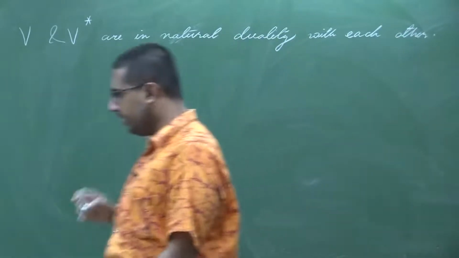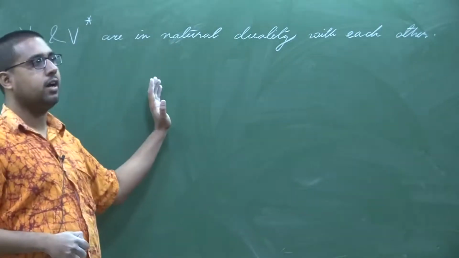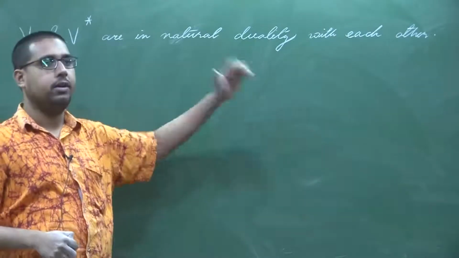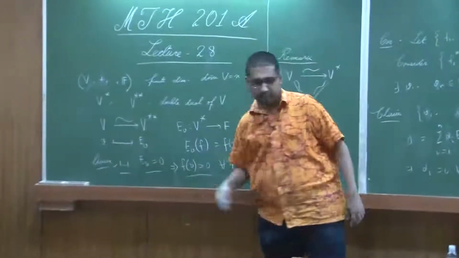From V you come to V star, and then further you get back to V by means of this identification.